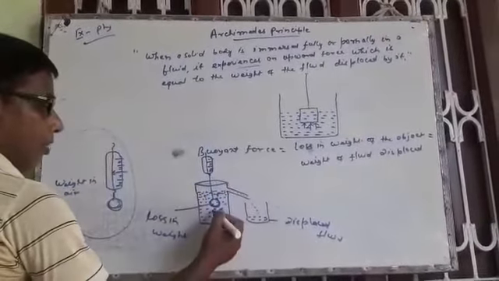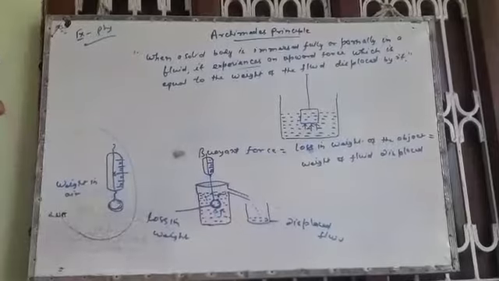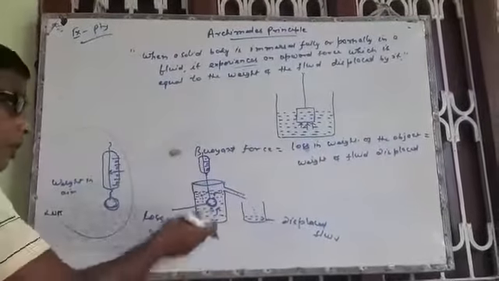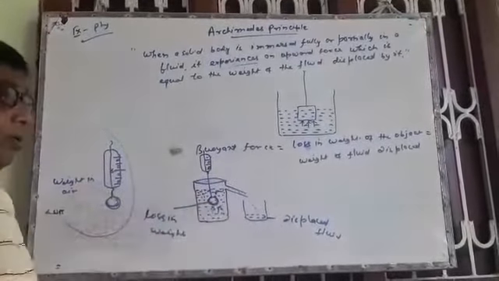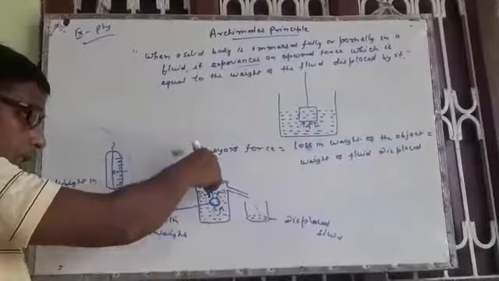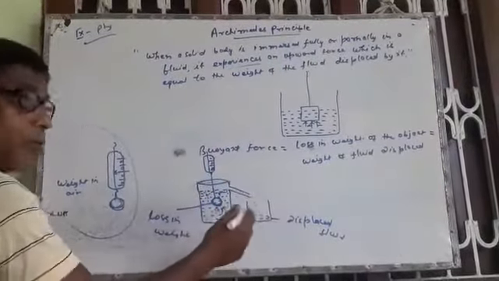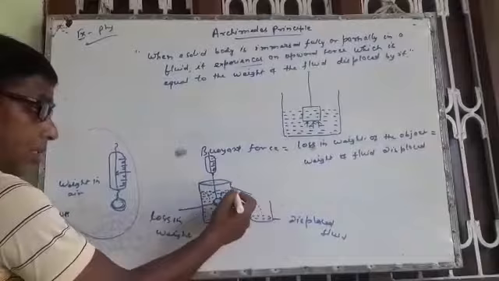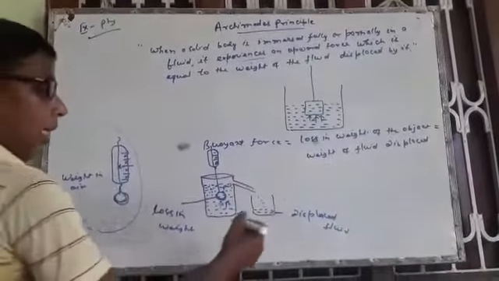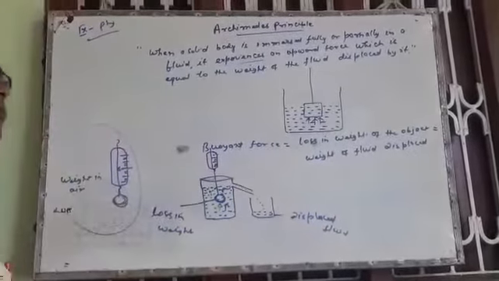A buoyant force exerts in the upward direction. Due to that buoyant force, there is loss in the weight of the solid. And when the solid is immersed fully in liquid, some water also expels out from the overflow can, and the water is collected here.